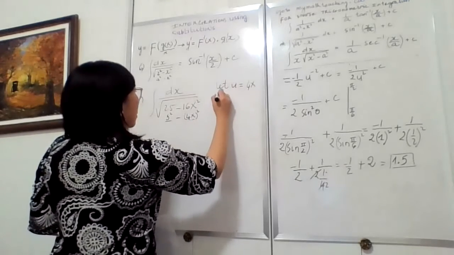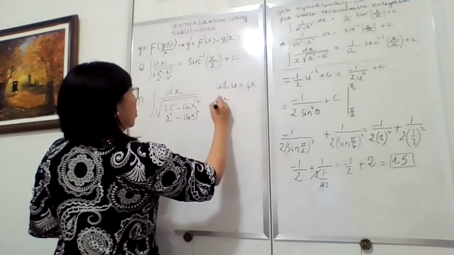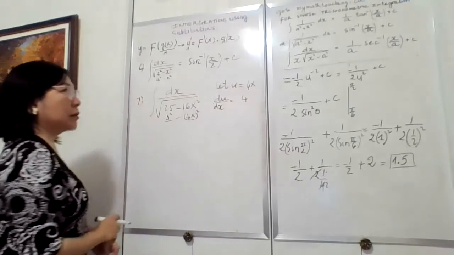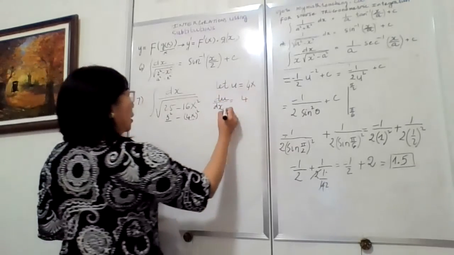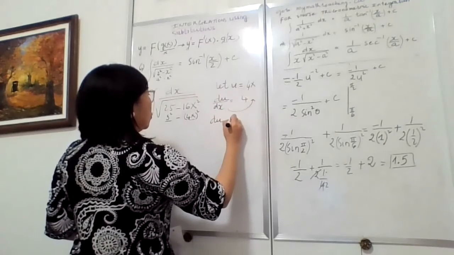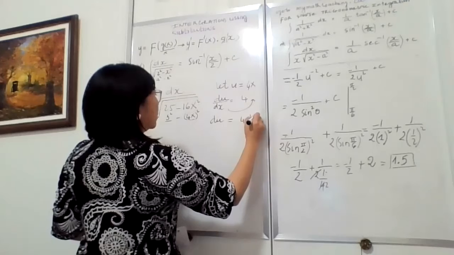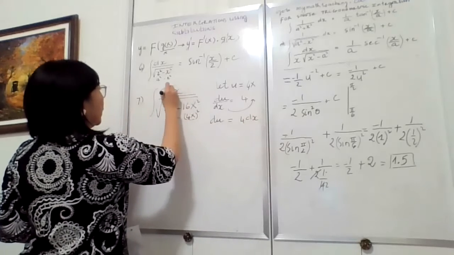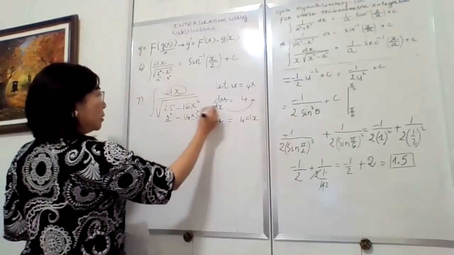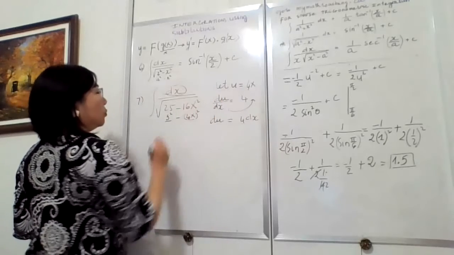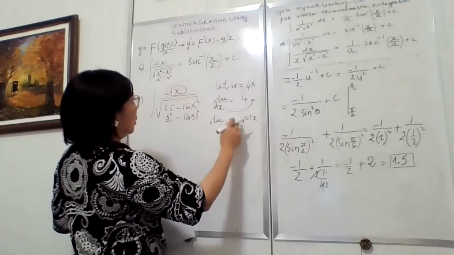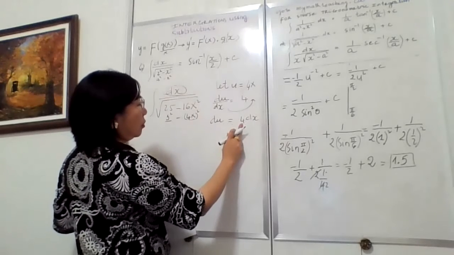So du over dx will be equal to 4. So du will be equal to 4 dx. Now I already take care of this expression, dx becomes du if I replace it with u.